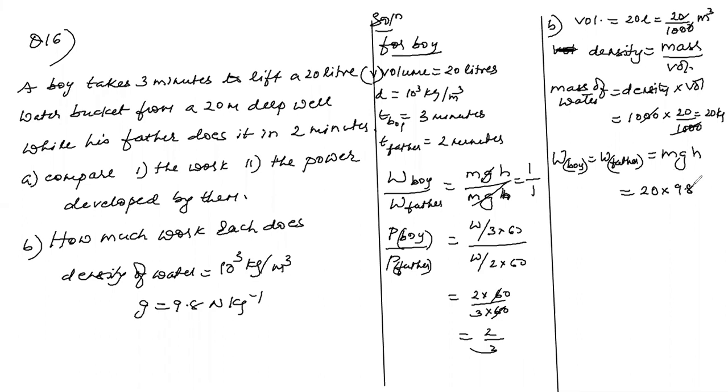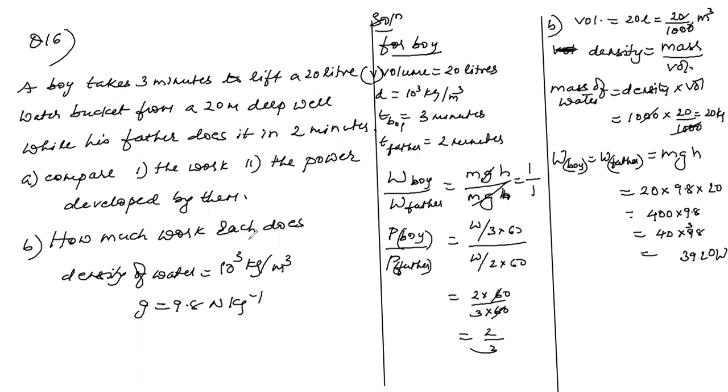And H is given as 20 meter deep. So this will be 400 into 9.8. That is 40 into 98. 4 8s are 32, 4 9s are 36, 36, 39. 3920 joules. So work done by each of them is 3920 joules.